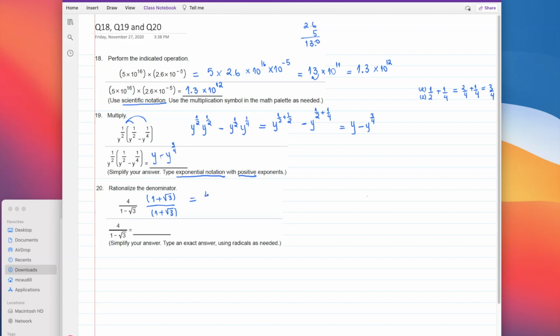And then I have 4 that multiplies 1 plus the square root of 3 in the numerator. And in my denominator, this number is the same as that, with a difference of sign. So these are two factors that form a difference of perfect squares. The square of the first minus the square of the second. What is the square of the square root of 3?